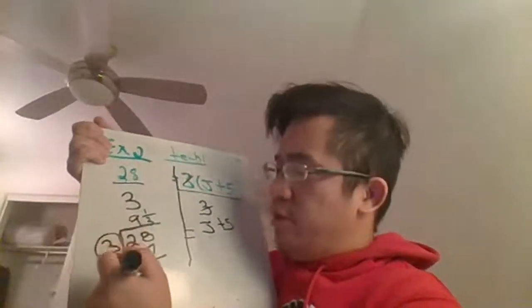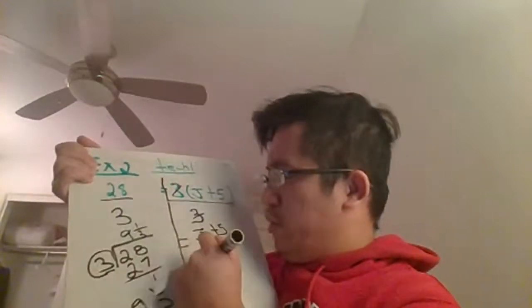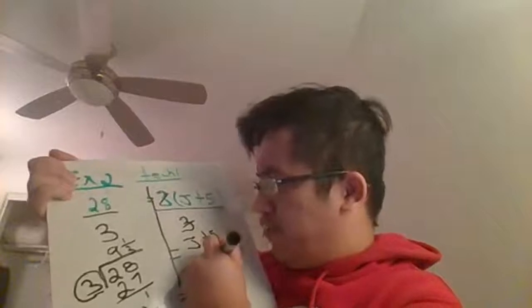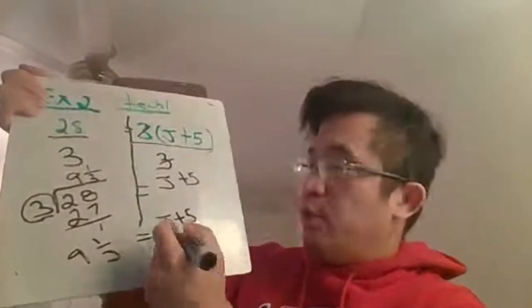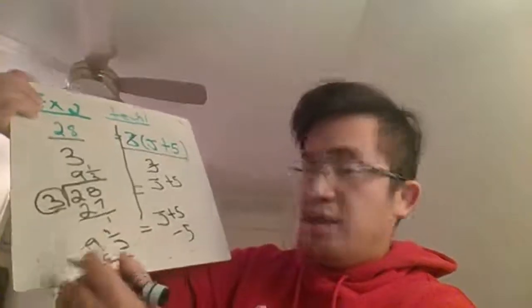So right now we've got 9 and 1/3 equals J plus 5. So what we'll do is we'll subtract 5 on the right side and we'll subtract 5 on the left side.